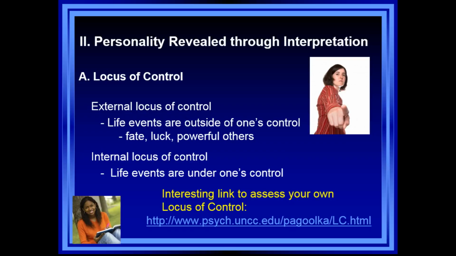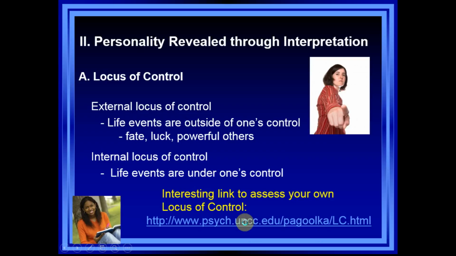I put an interesting link on here, and I'll click on it in a minute, to assess your own locus of control. But in general, this chapter tells us that how we view the world, how we perceive the world, and how we interpret the world, like locus of control, helps to determine who we become, our personality.